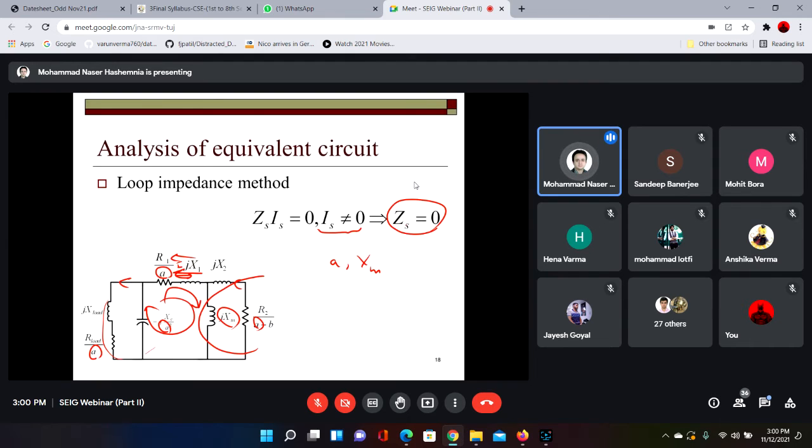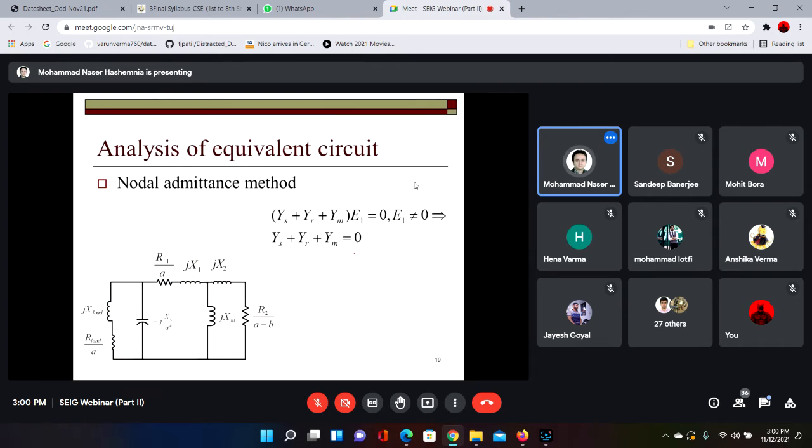The other well-known method is the nodal admittance method. We can come across this node or this node and write KCL, Kirchhoff's current law. Then, for example, assume that we have come here. I will explain why this node is better than the left-hand side node.